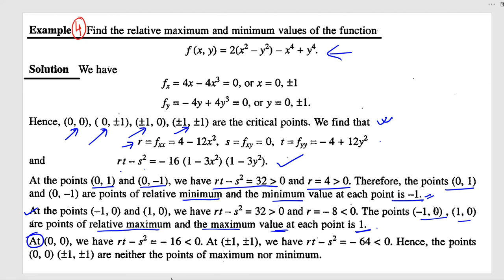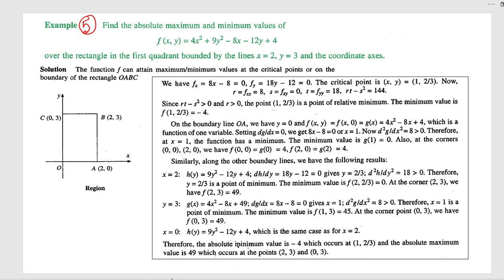But (0, 0), (1, 1) and (-1, -1): here RT minus S square is less than 0. So these are actually saddle points, neither maximum nor minimum. So we may have this situation. There are several points, and again I would like to keep it as an exercise. Verify these results.